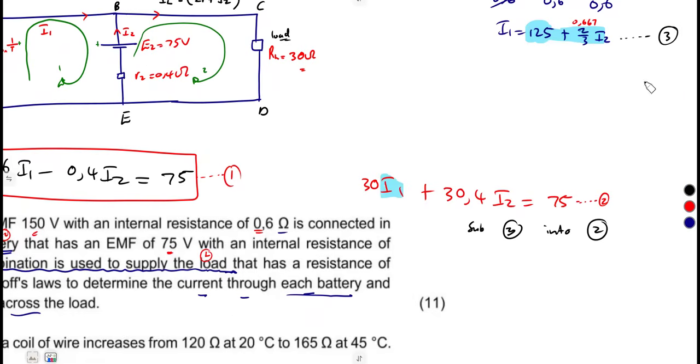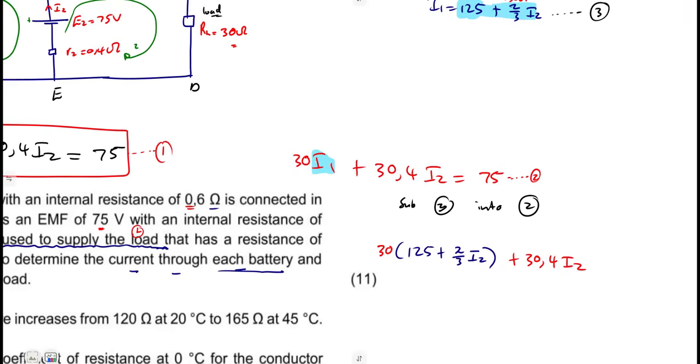So what we're going to have is 30 times I1, where I1 is 125 plus 2 over 3 I2, plus 30.4 I2, is equal to 75. You can use a decimal, do not worry about that. 30 times 125, you now expand these brackets.